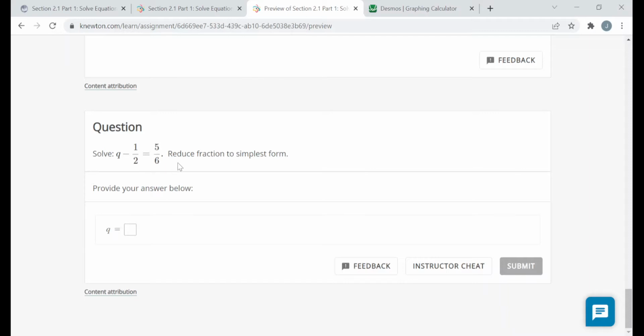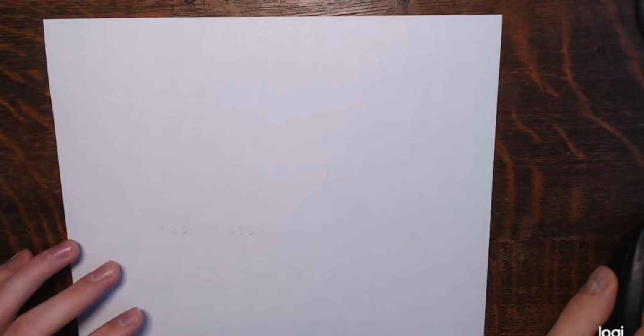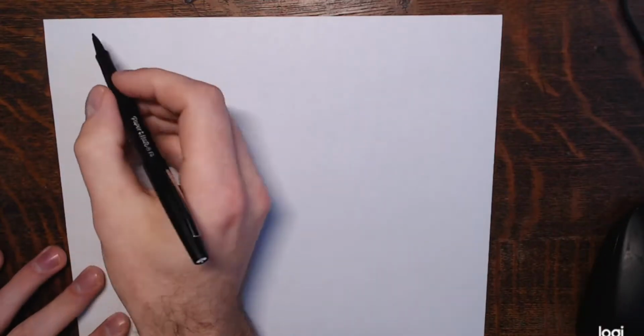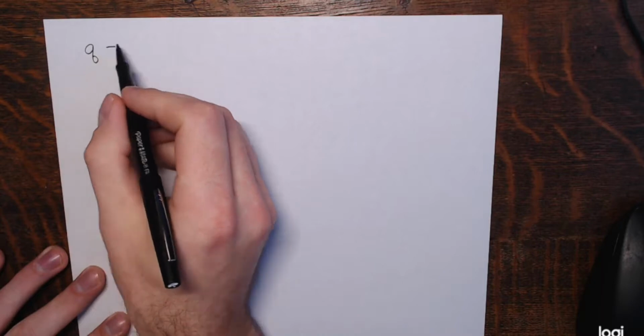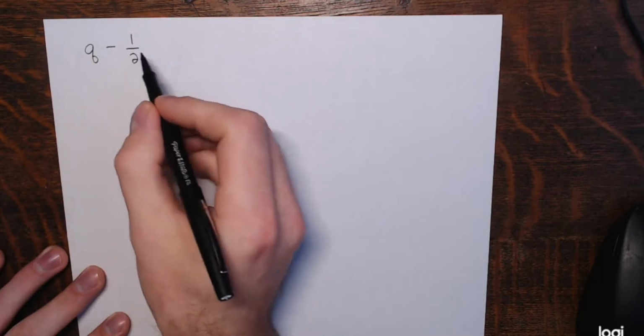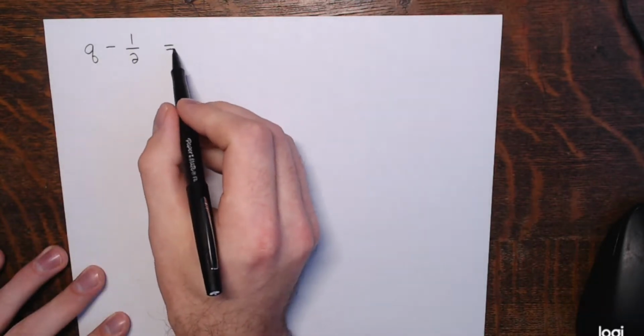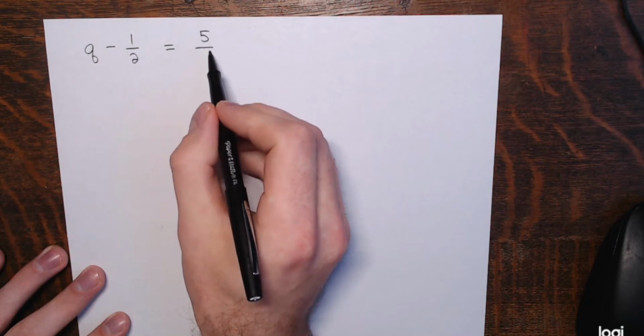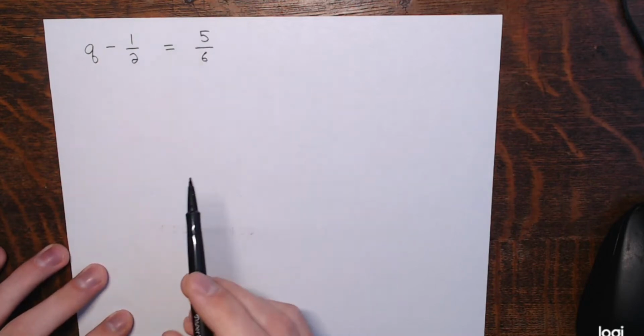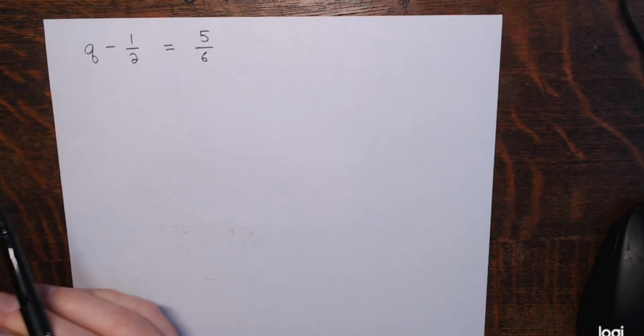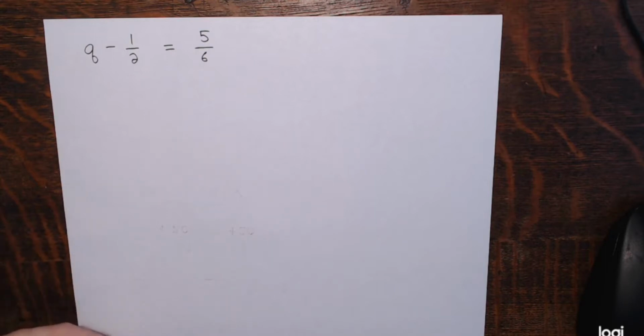All right, so I'll write this one out, do it on paper. Solve for Q. All right, so that's Q minus 1/2 equals 5/6. Now this is no different than the previous examples we've seen.